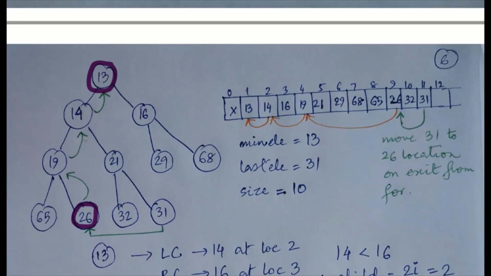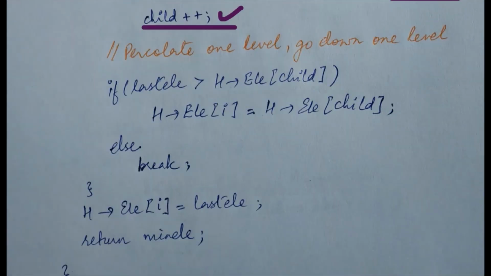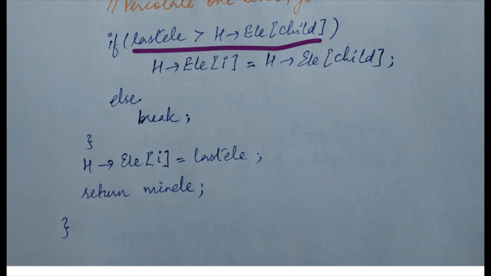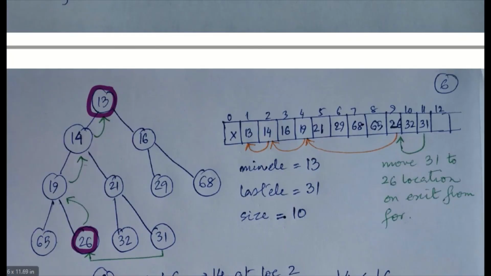Now I don't straight away compare the parent and the child. If you see, I am comparing the last element with the child. Why am I doing that? Which child did I select? I selected the left child, because in this case the left child is smaller.